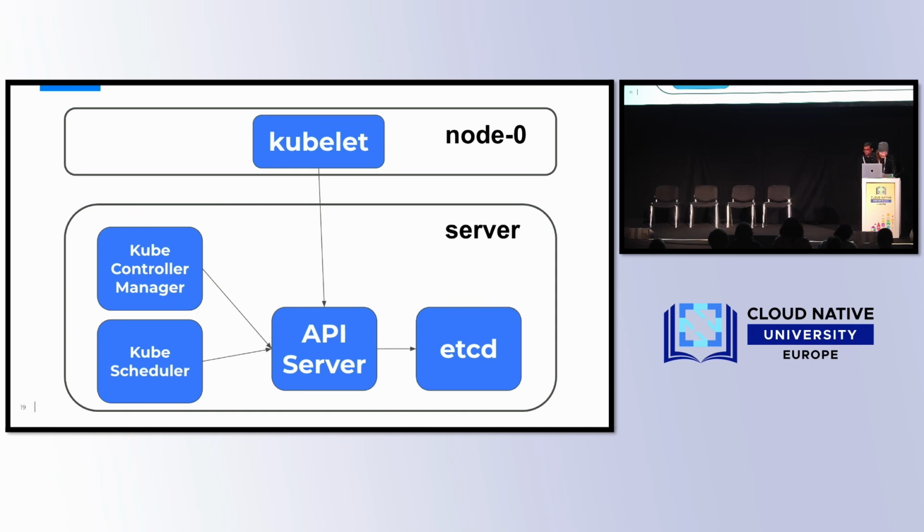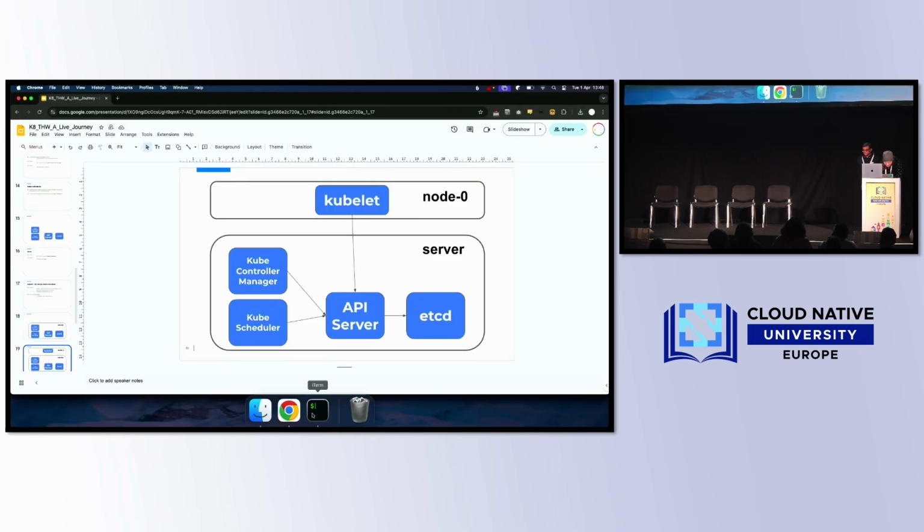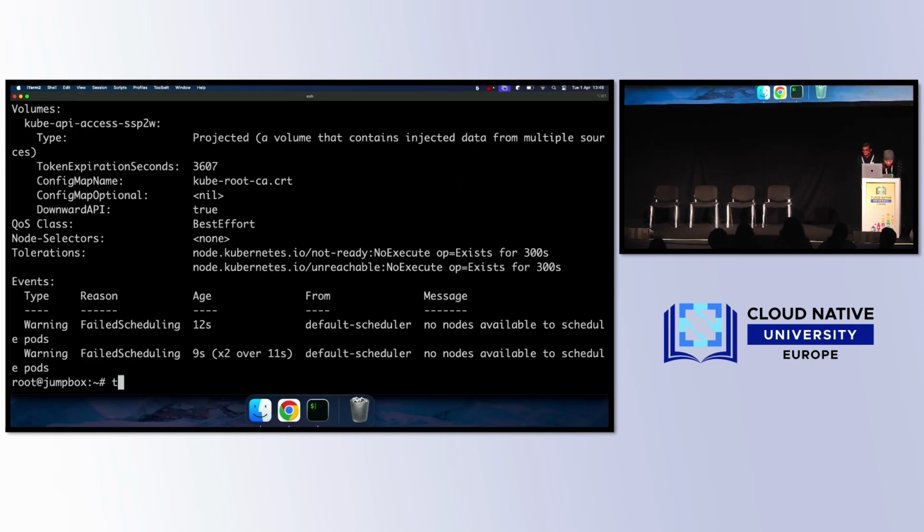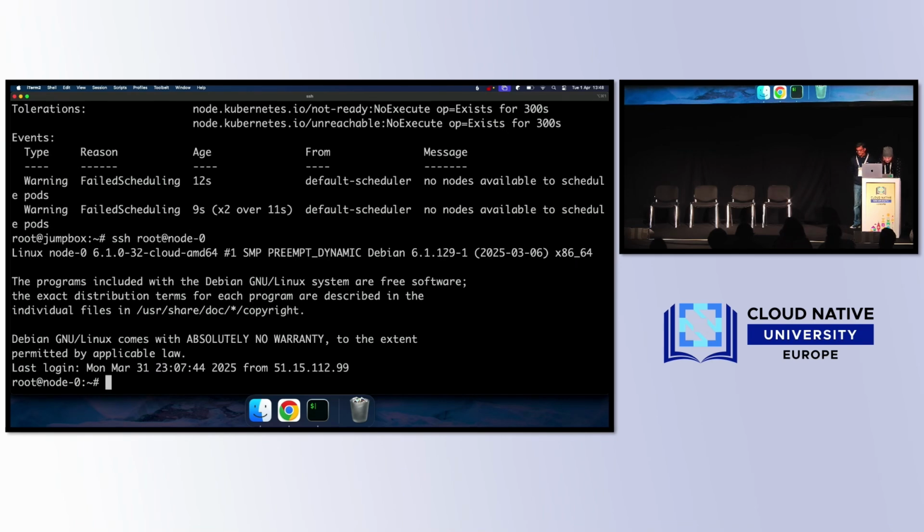No. So let me come onto my terminal again, and we are on the jump box here. So if I SSH onto node 0, wow, they're impressed by that. And then I come in here, the system kubelet.